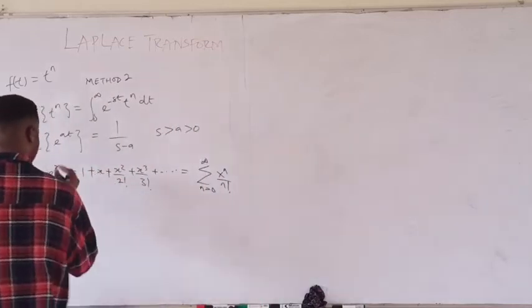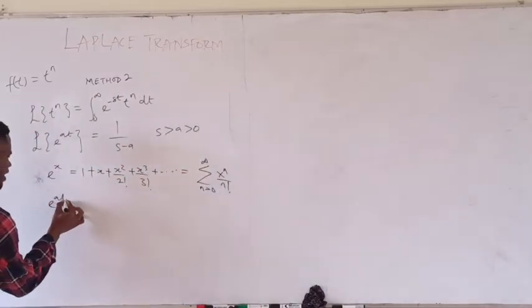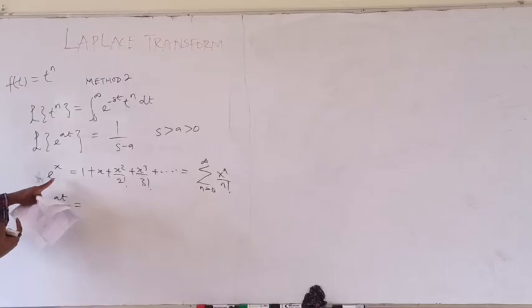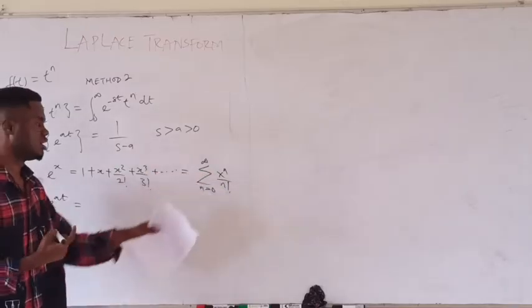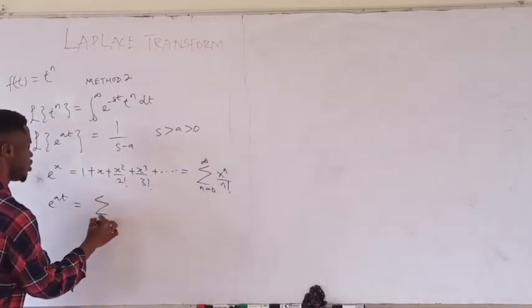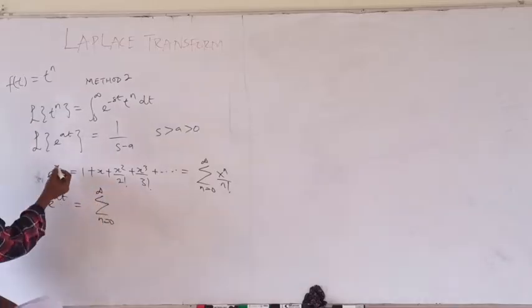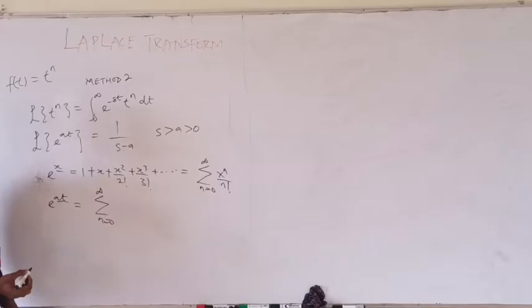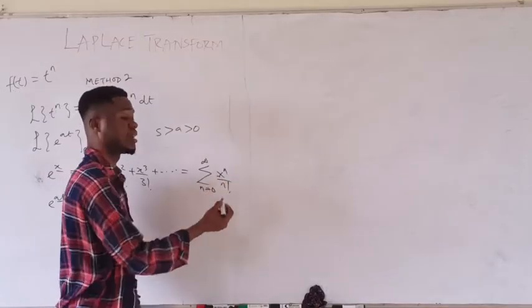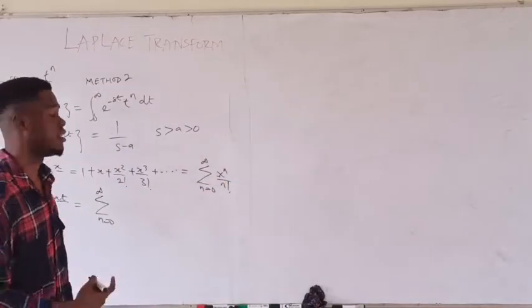So the exponential of at, if I link it with the exponential of x, is equal to the summation of n equals 0 to infinity, where x is now replaced with at. So whenever I see x, I'm going to use at to represent x.